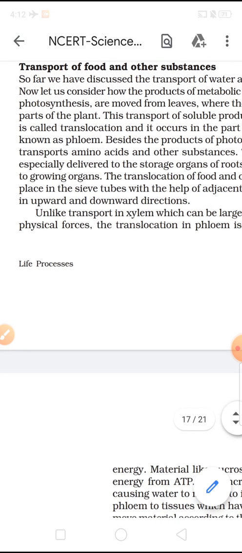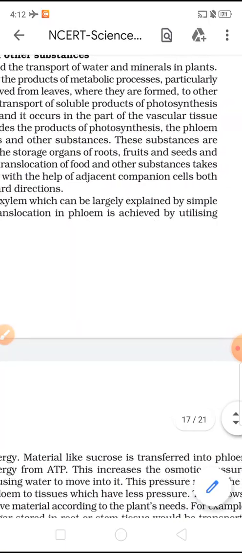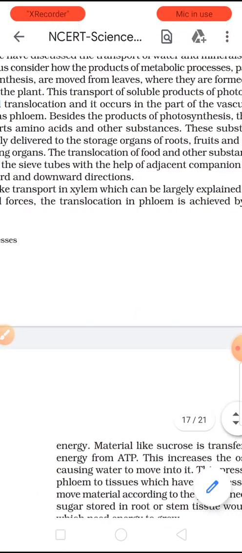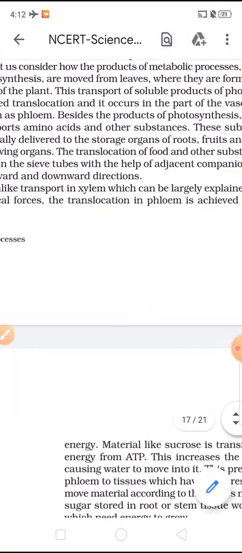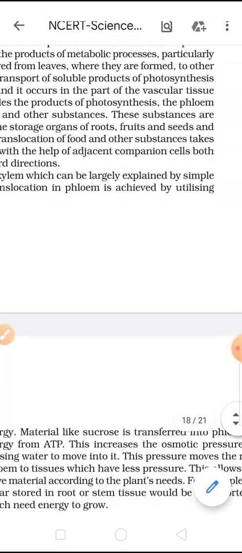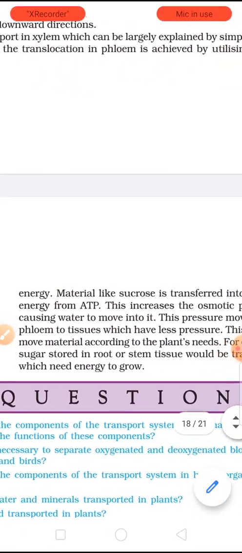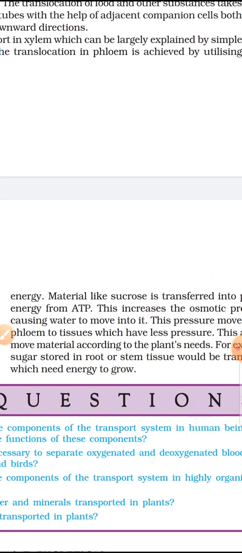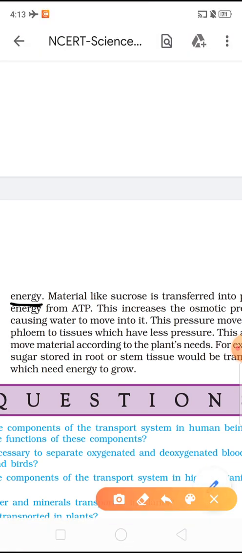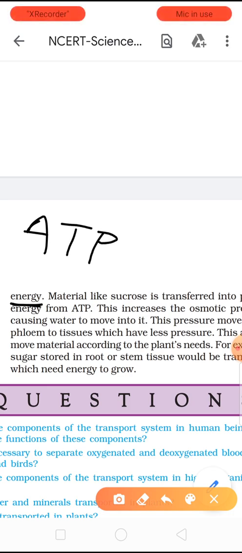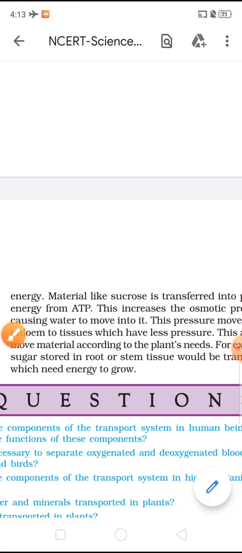Unlike transport in xylem, which can be largely explained by simple physical forces, the translocation in phloem is achieved by utilizing energy. So we know that it is in upward and downward direction, so this will require energy. When we are talking about energy, energy will always be in the form of ATP.